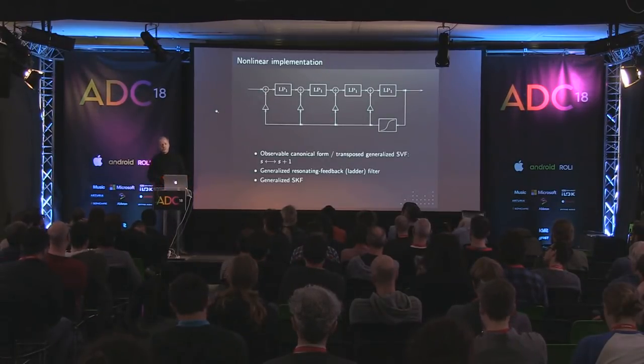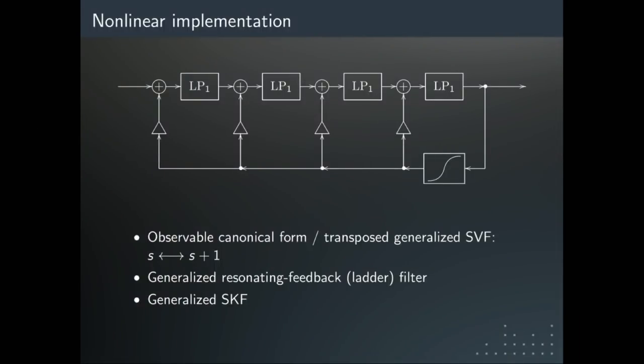This is a solution which I came up with. The way how I arrived at it, I started with transposed generalized state variable filter, also known as observable canonical form. And then, keeping in mind that state variable filter doesn't easily accommodate nonlinearities, I replaced integrators with one-pole low-pass filters there.